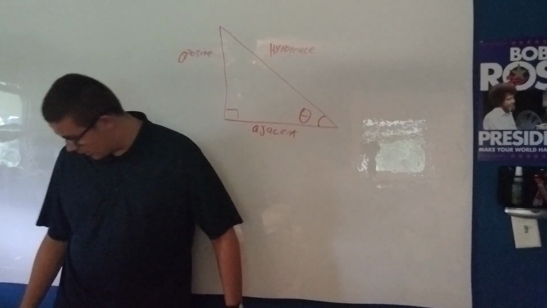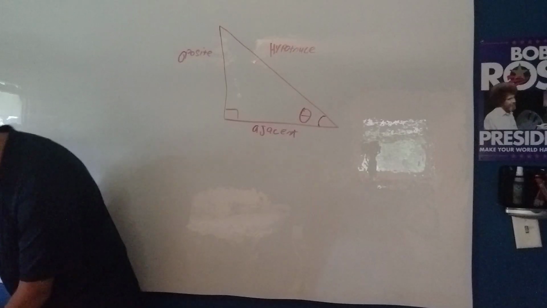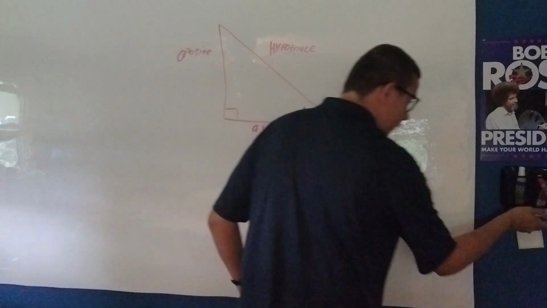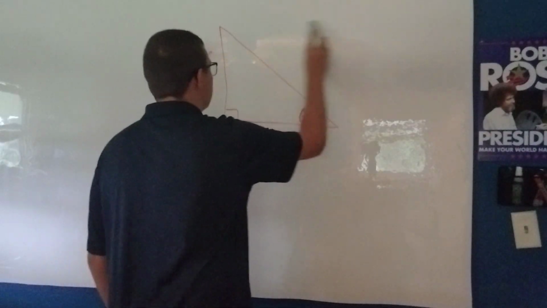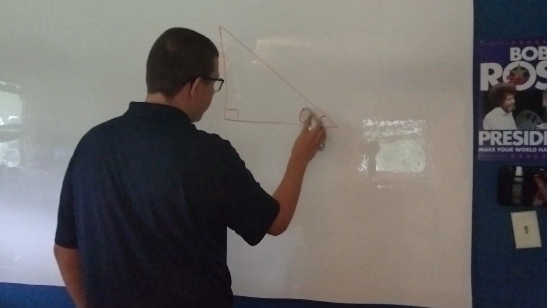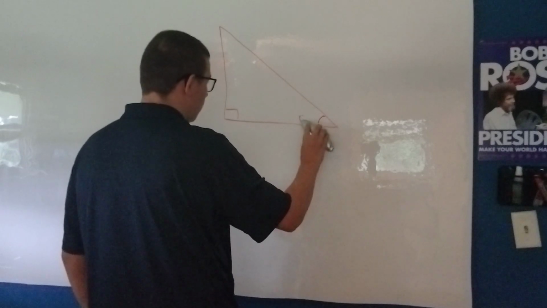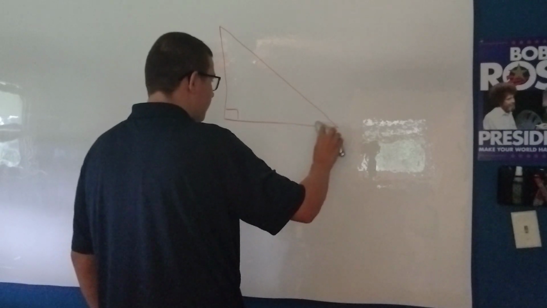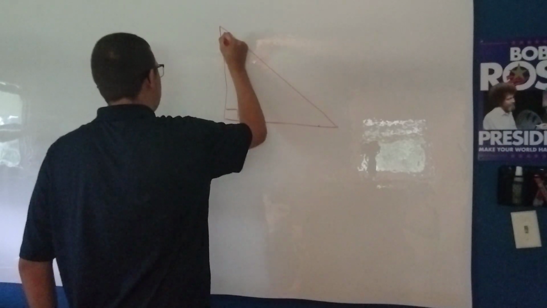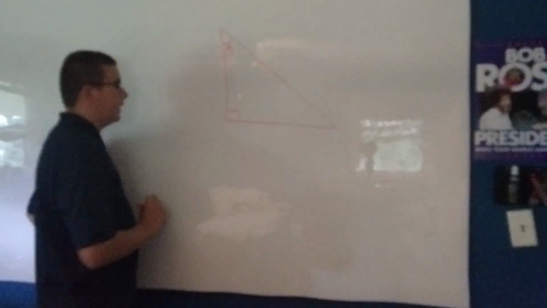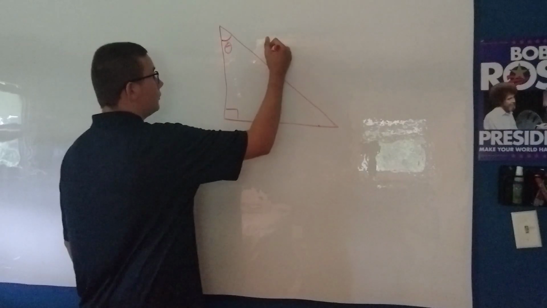And same thing here, if we were to move theta, the angle that we're looking at, from this bottom corner there to this top corner up here, we'll call that theta. Well, then this is still the hypotenuse, right?